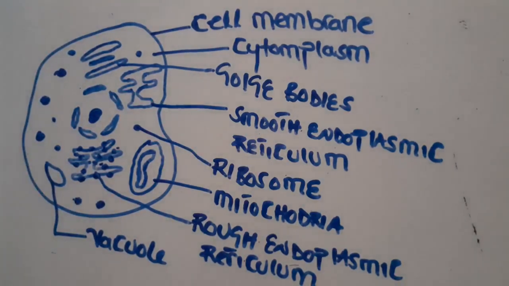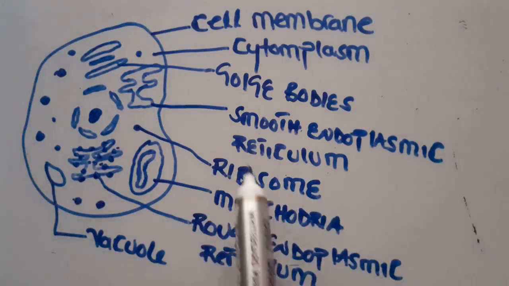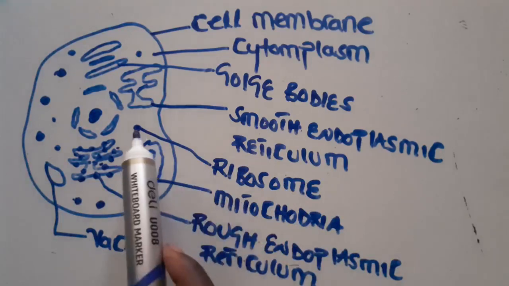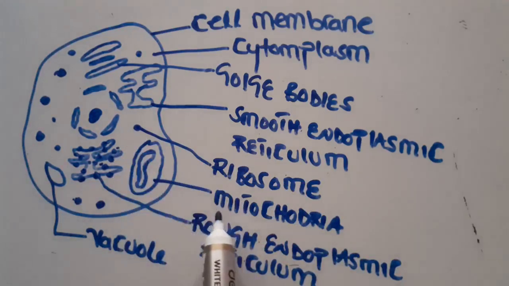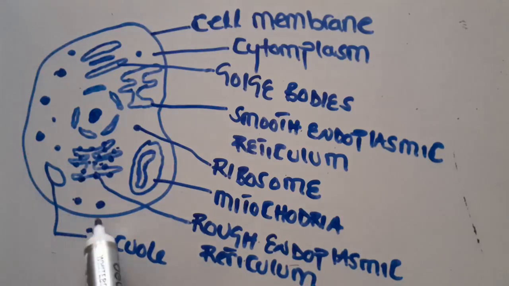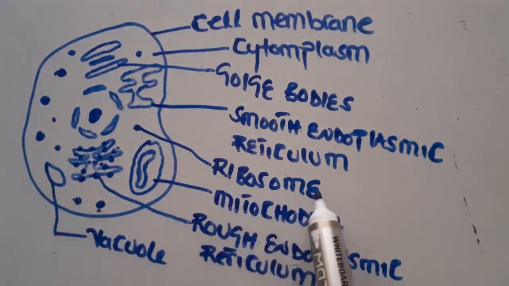These are some of the parts contained inside a part called what? A cytoplasm. So we are able to see Golgi bodies, smooth endoplasmic reticulum, ribosomes, mitochondria, the rough endoplasmic reticulum, as well as the vacuole.